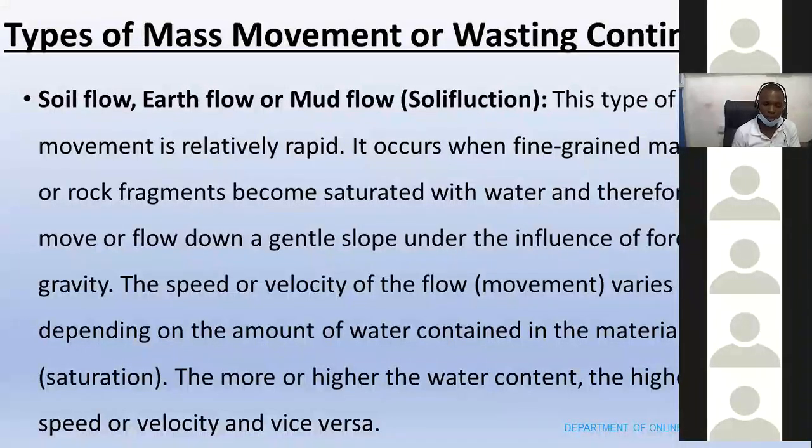Now, the speed or the velocity of the flow, that is how fast these materials are able to move down slope, varies. It depends on the amount of water contained in the material, or the saturation.